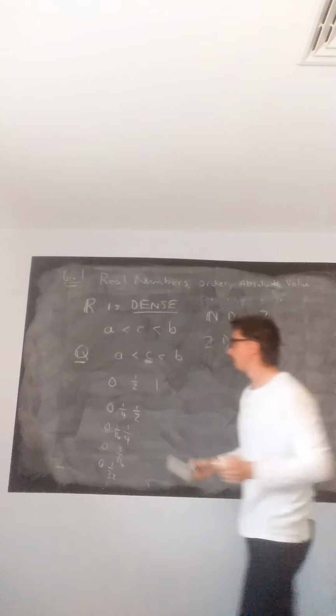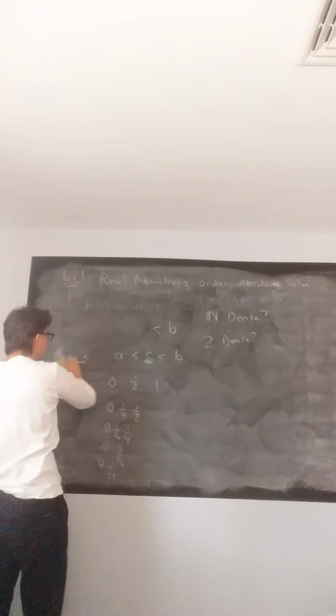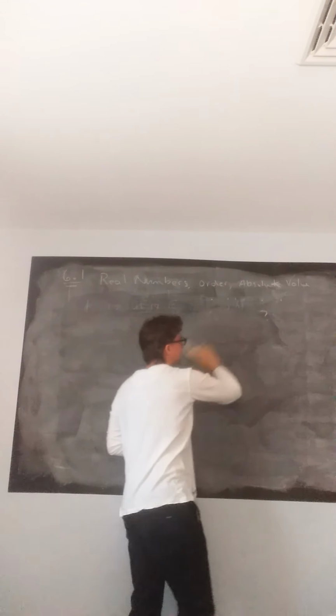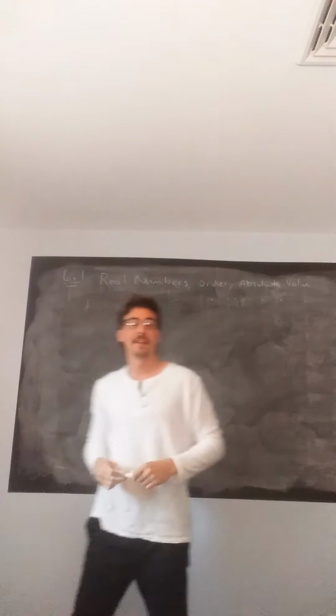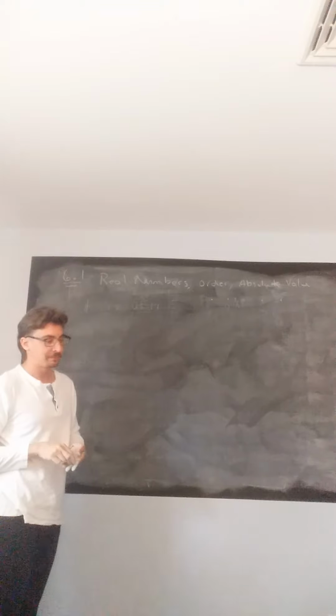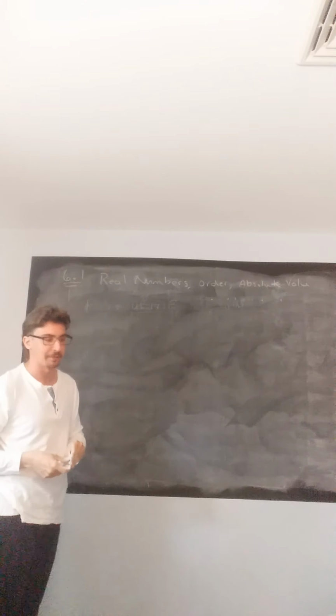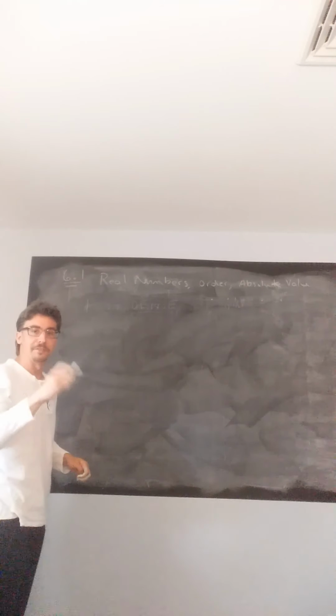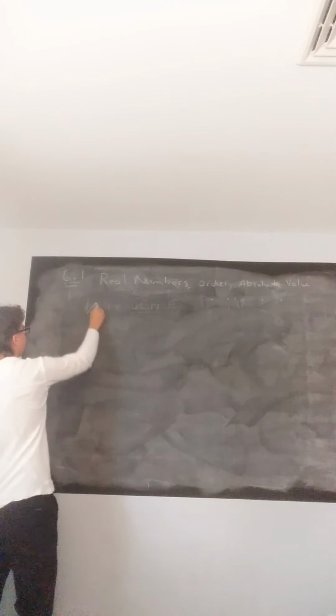The last topic then is absolute value, and that's something you should know. Now, one of the great fallacies is that some teachers will say absolute value is always positive. Well, it is positive, but not always, because the absolute value of 0, for example, is 0, and 0 is neither positive nor negative.